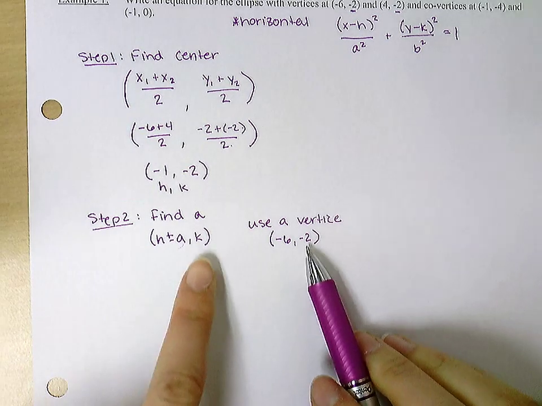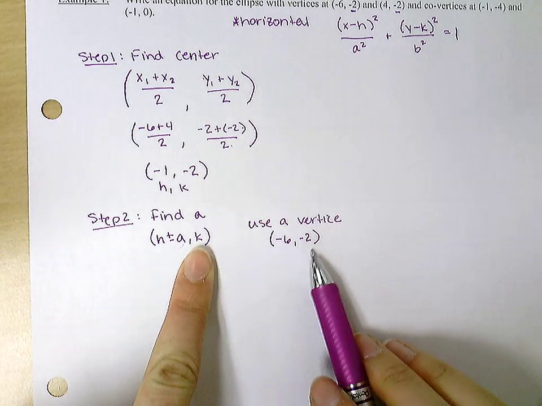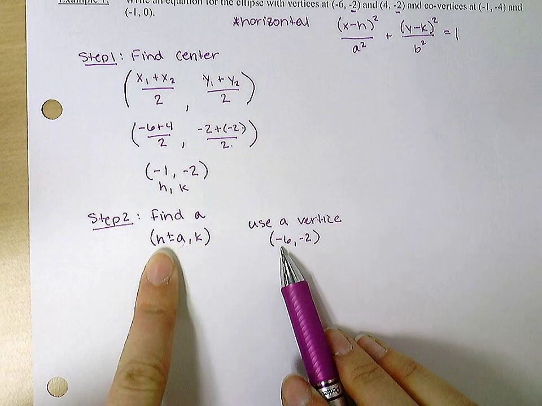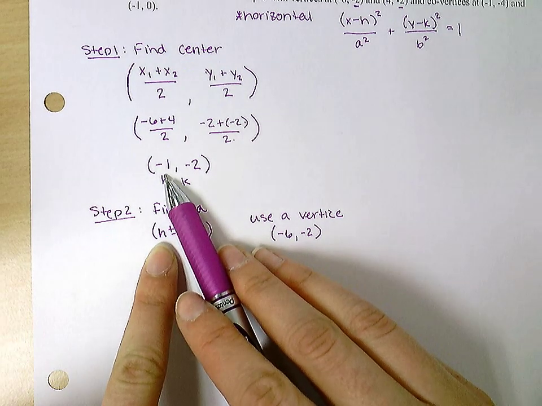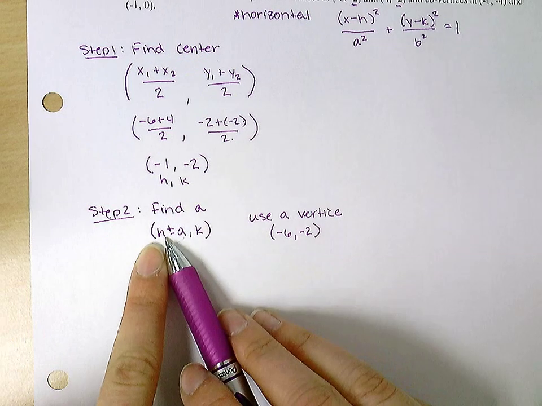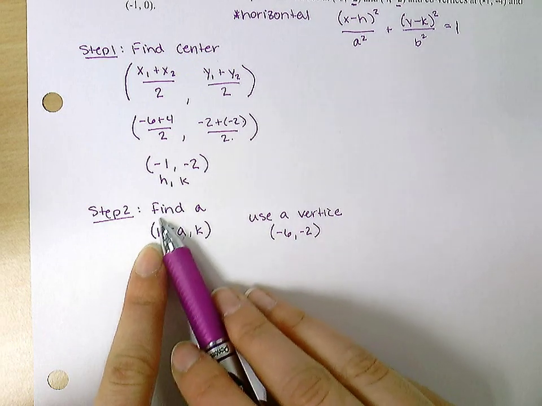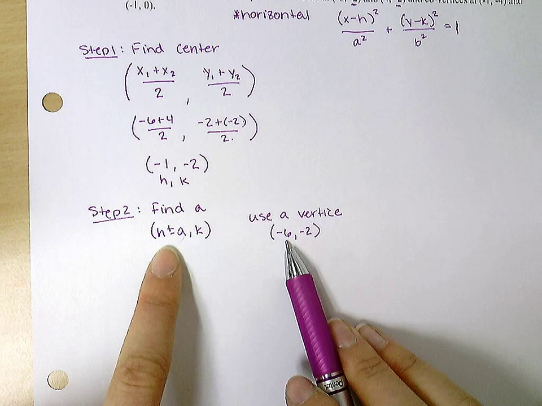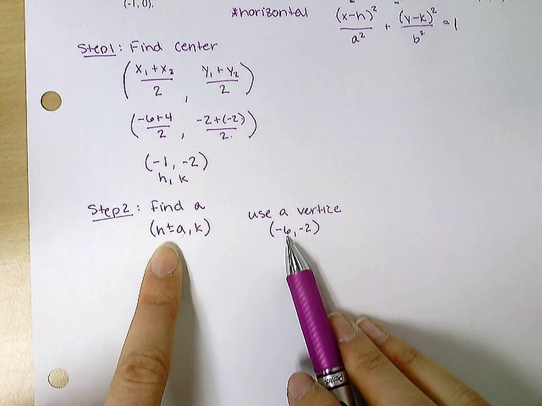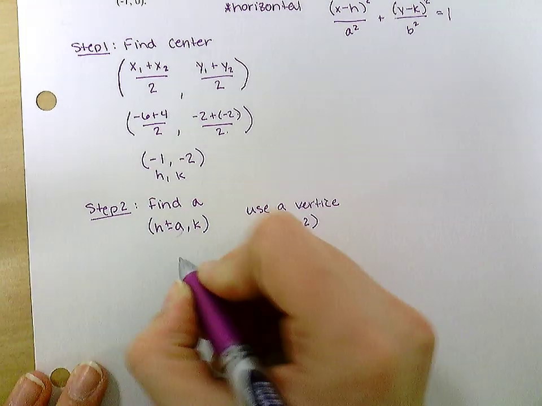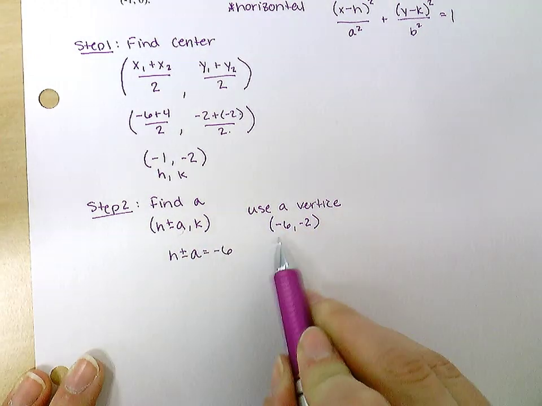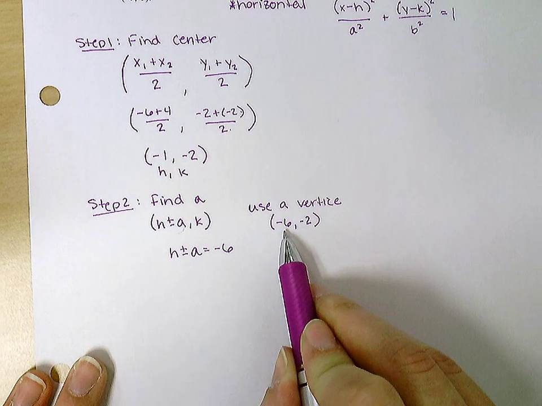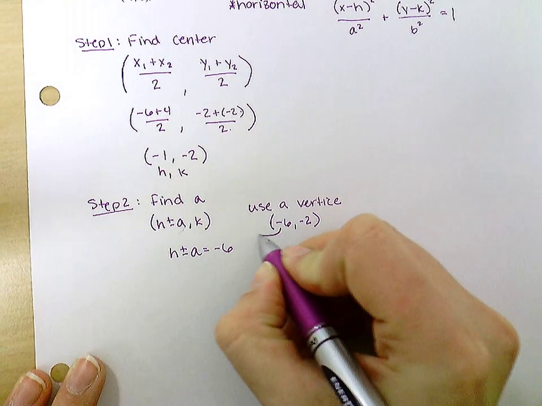Your k value is -2. Your h value is -1. So I would have to plug in -1 for h, and then that value has to equal this point. Your h plus or minus a has to equal that x value from your vertex.